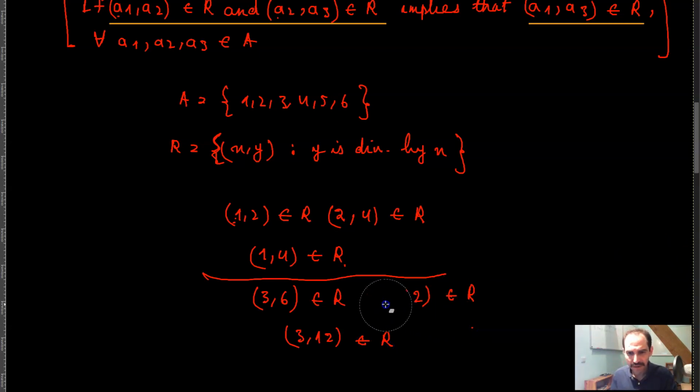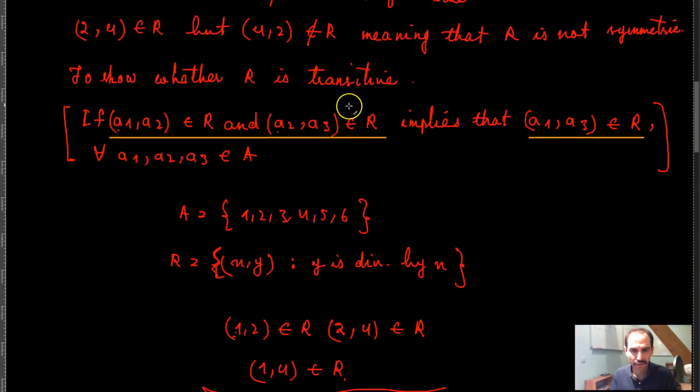But that is actually not a problem, because when your hypothesis is not true, meaning that if we are saying that this has to imply this one, and this is not true, then it doesn't really matter if this is true or not.